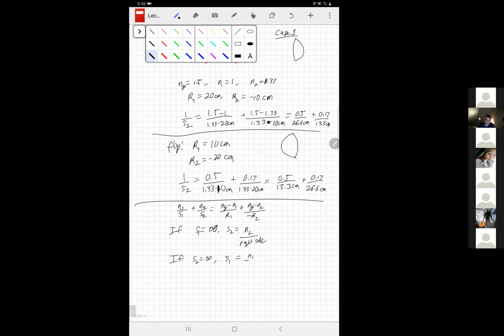S1 would be N1 over the right side of the equation, so it'd be N1 over all of this mess here. That should again point out the fact that we get different focal distances.